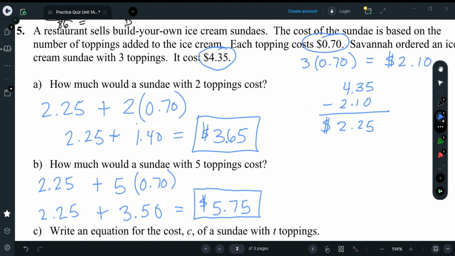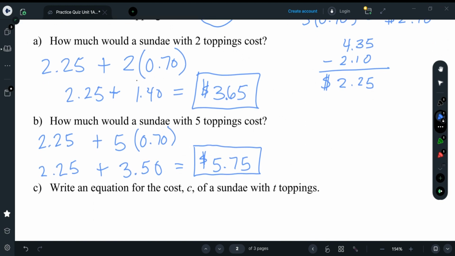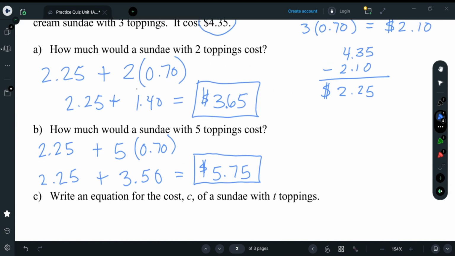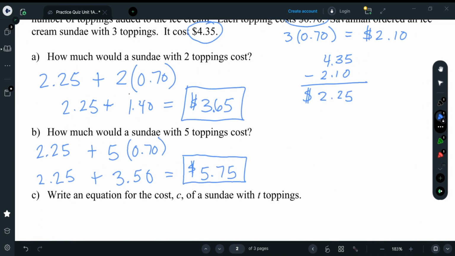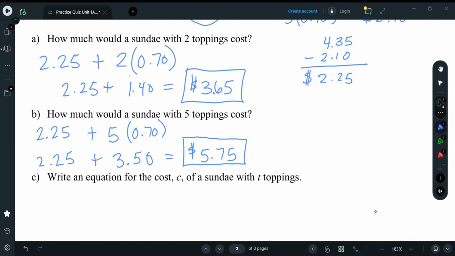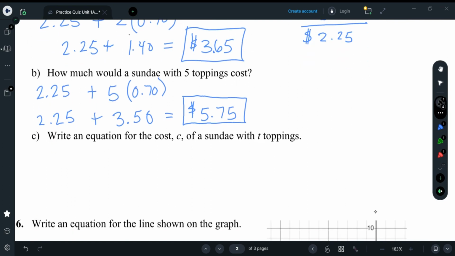Okay, there it is. Part C, write an equation for the cost. Well, we've basically already been using an equation. Let's just kind of formalize this. This is what it's going to look like here. We're going to use slope-intercept form, y equals mx plus b. But notice here, they're specifying the variables that they want us to use.